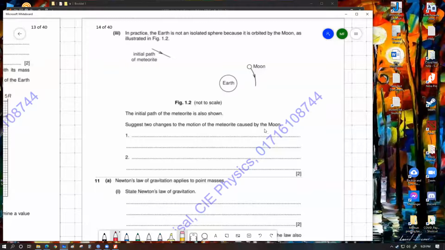Now, first of all, because this question includes the existence of the moon within our discussion, this essentially means that the Earth will pull the meteorite, and the moon will also pull the meteorite, which means now you have two bodies pulling the meteorite from infinite distance towards the Earth.